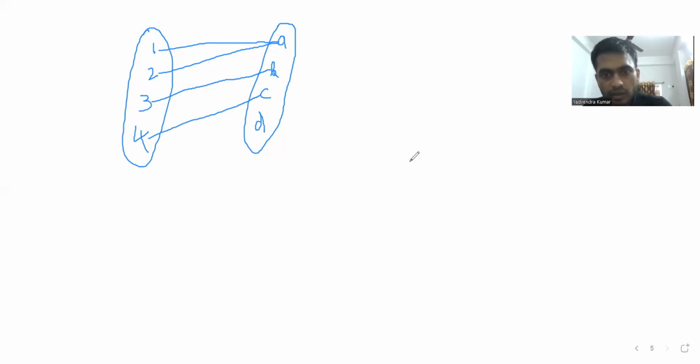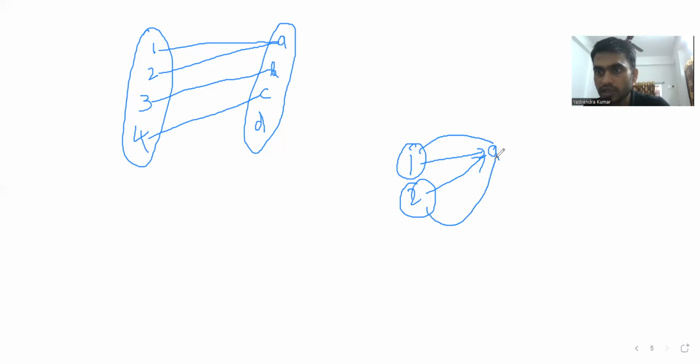See, 1 is going to A, 2 is also going to A. So is this a function? Yes, of course it is a function, because 1 is related to only one element, 2 is also related to only one element, right? Yeah, of course A is related to two elements, but that does not matter.